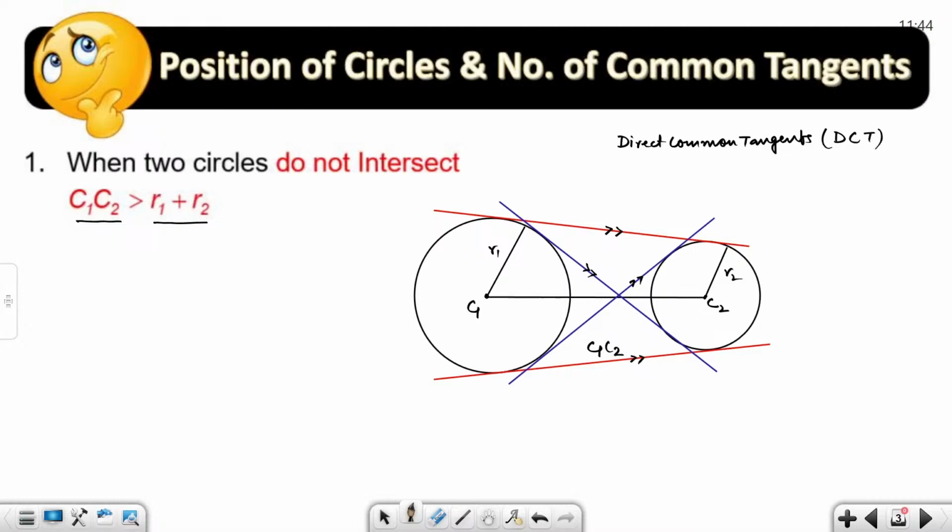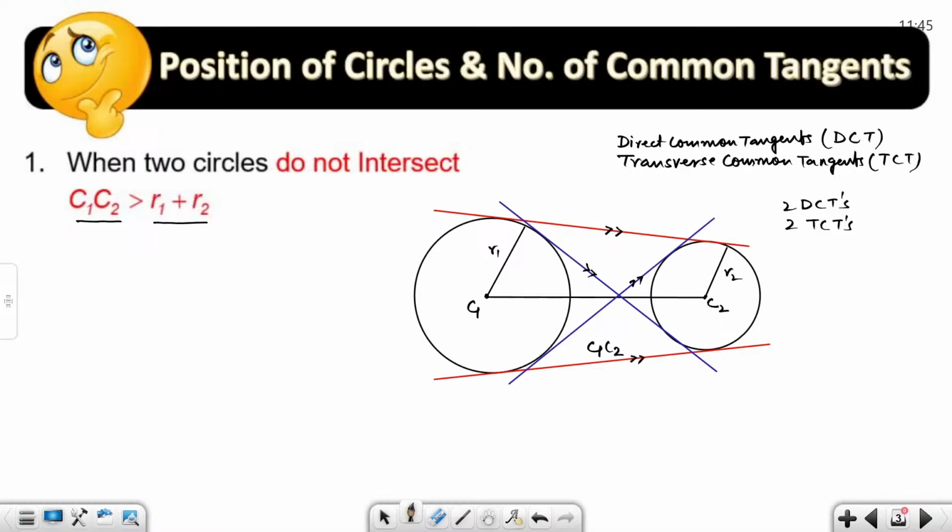And these blue line tangents are called transverse common tangents, or in short TCT. So when two circles are distance apart, such that they are neither intersecting nor touching each other, then four common tangents are possible, out of which two will be direct common tangents and two will be transverse common tangents.